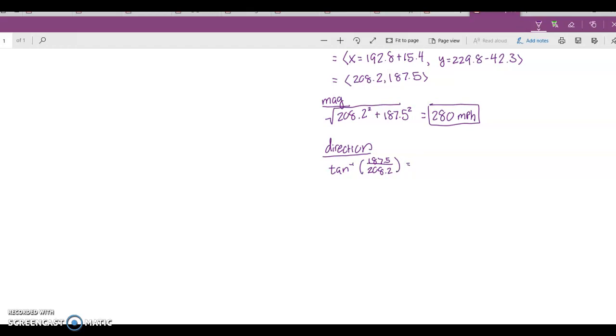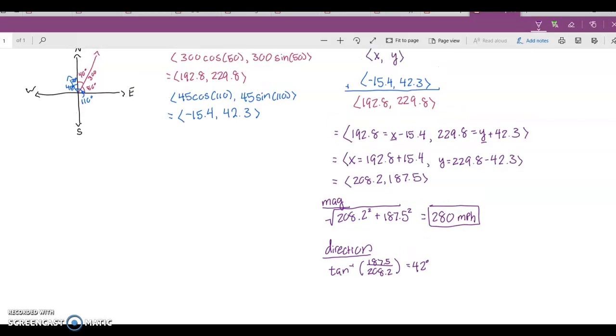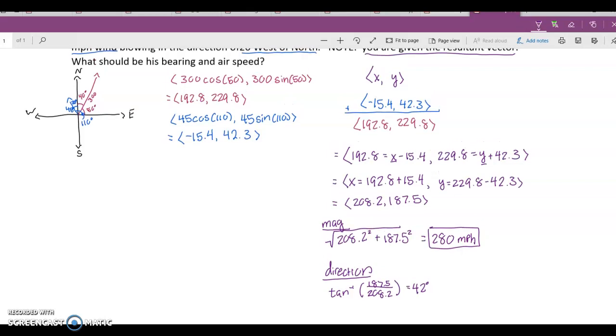Doing this out, we end up with 42 degrees. Okay? All of this looks good. It's all matching up. This is in quadrant 1, and this is in quadrant 1. So, drawing my vector out, we know that it's going to have 42 degrees from the x-axis. So, something like this.